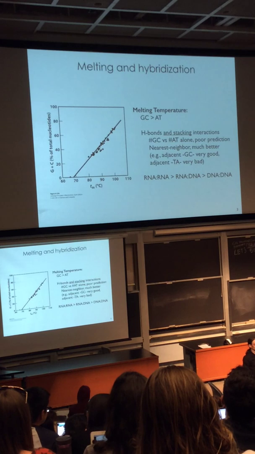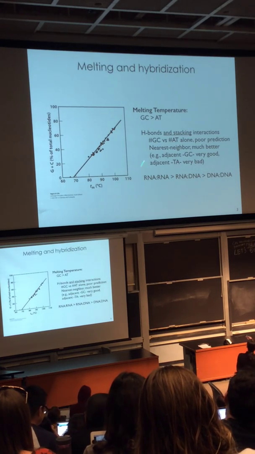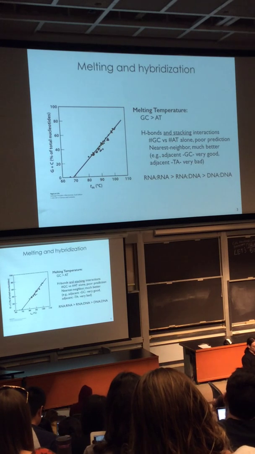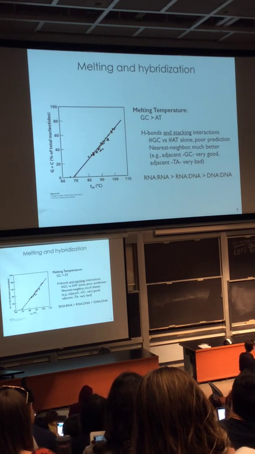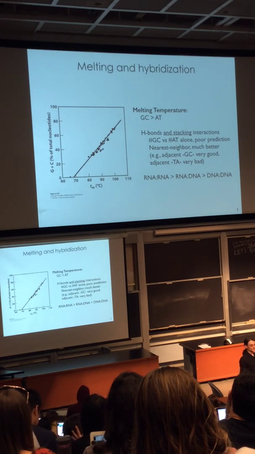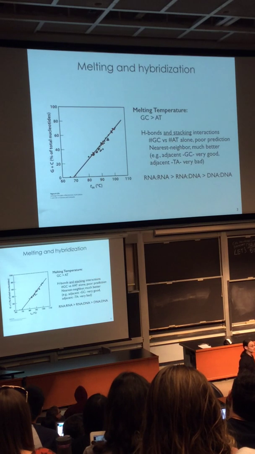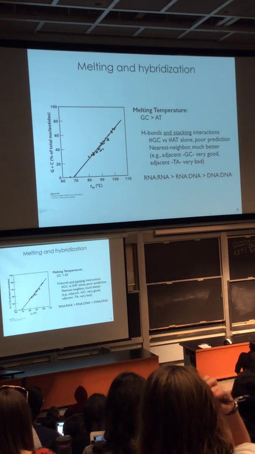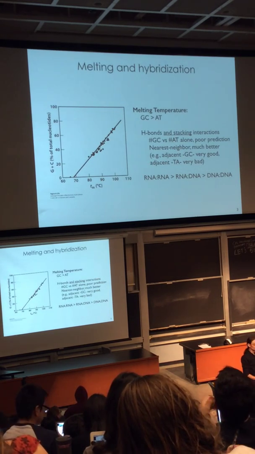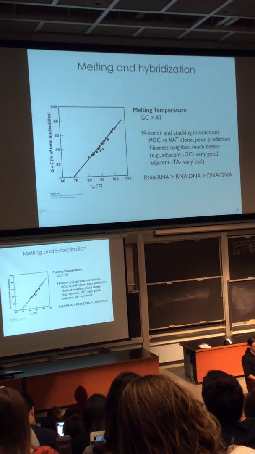And then RNA-DNA hybrids are intermediate, and these RNA-RNA duplexes are actually the most stable and have the highest melting temperature. And so you remember that RNA-RNA double helixes actually take on a different physical form, this A form, which is shorter and wider than the DNA. And correspondingly, they have at least somewhat different physical properties.